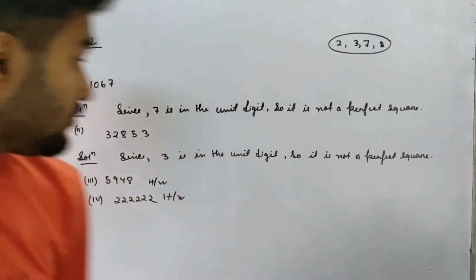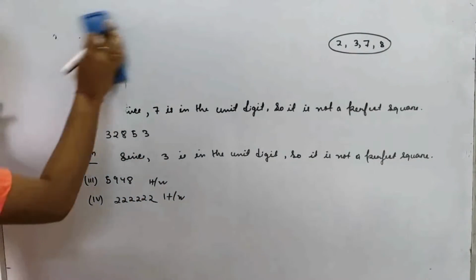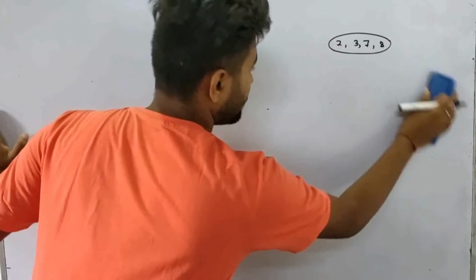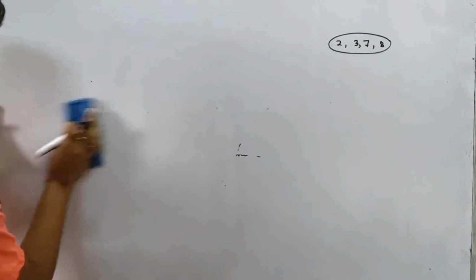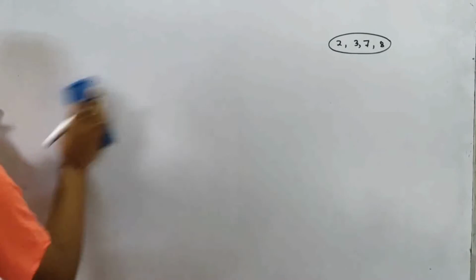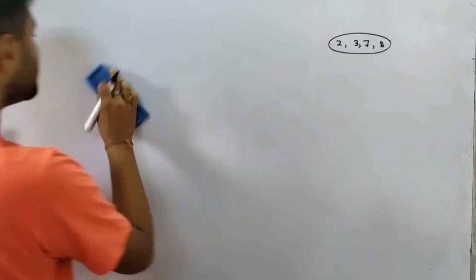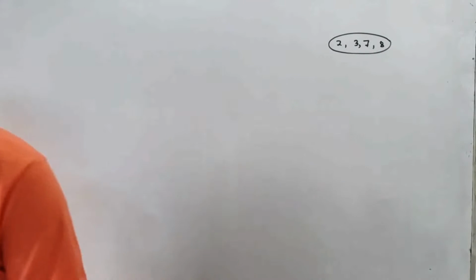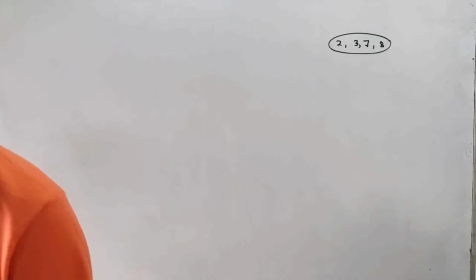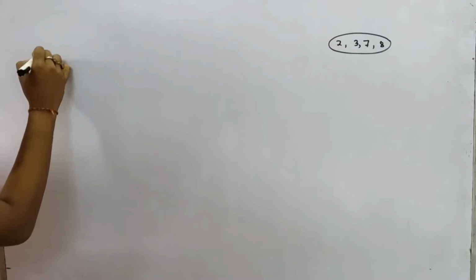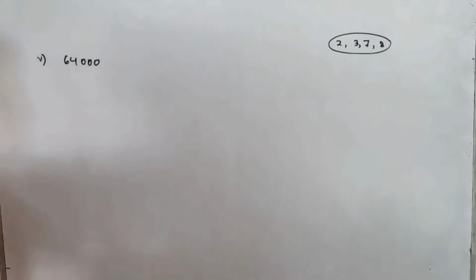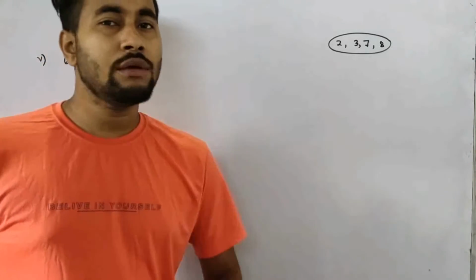Done. Now let us see question number 5. What is the question? 64000. So what was our second property? All the properties are important.